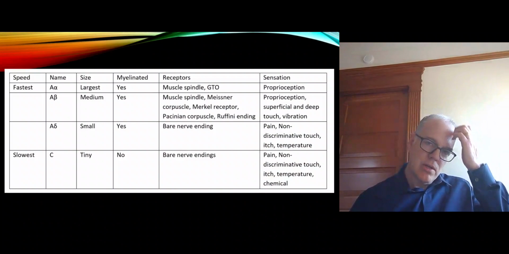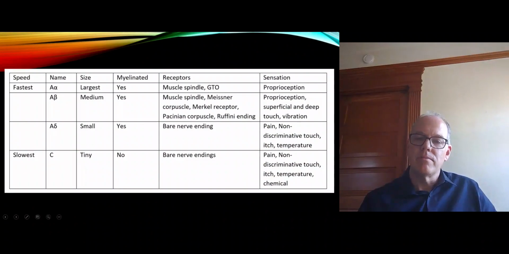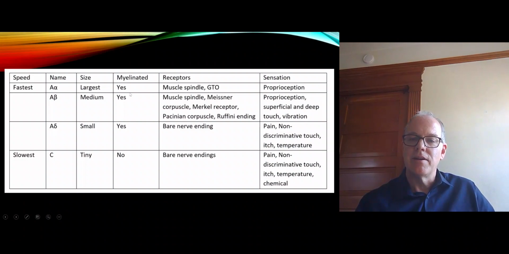We've talked earlier in the course about proprioception, conveyed by muscle spindles and Golgi tendon organs. We can see that these are relayed by the fastest, most heavily myelinated neurons, the A alpha. The Meissner's, Pacinian, Merkel, and Ruffini endings that we talked about are also very fast, A beta.